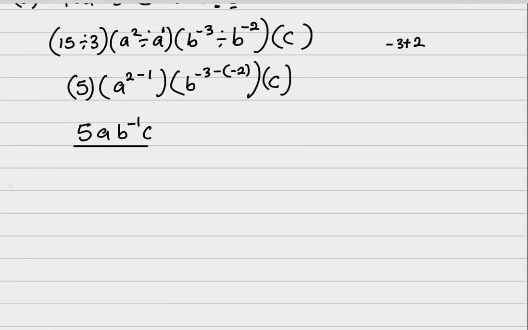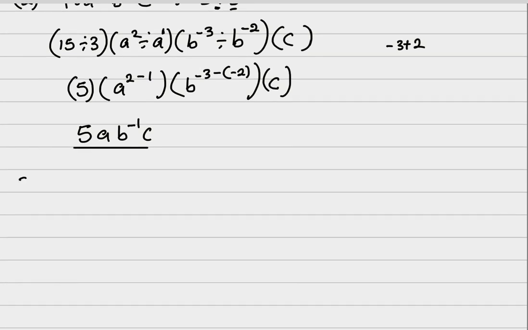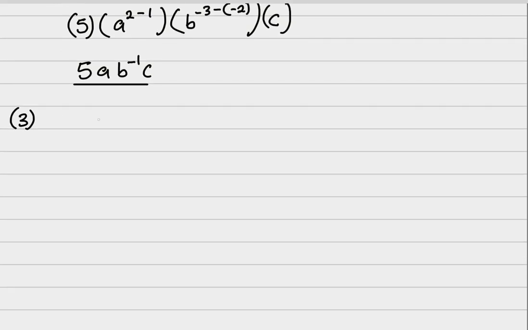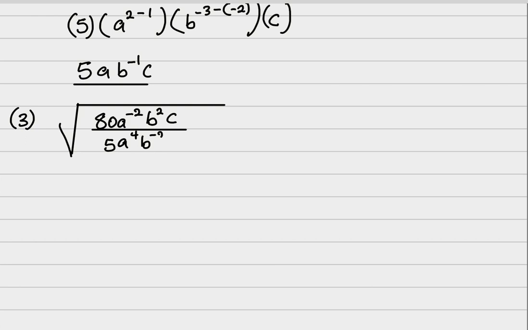Then let me give you example 3 now. What about if I have the root of 80 a raised to power minus 2, b raised to power 2, and c, all over 5 a raised to power 4, b raised to power minus 2, and c raised to power 3?